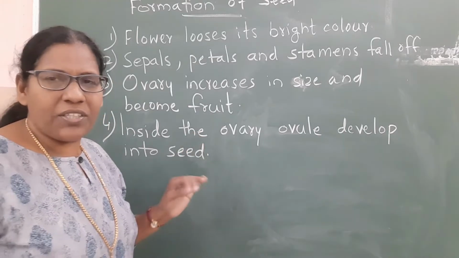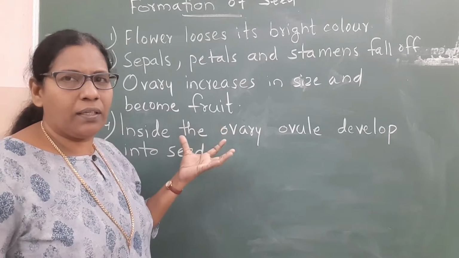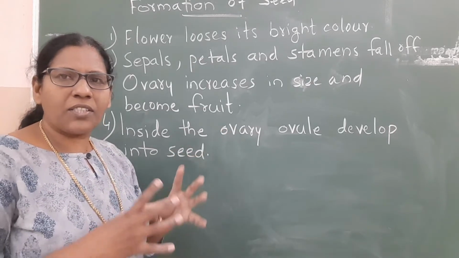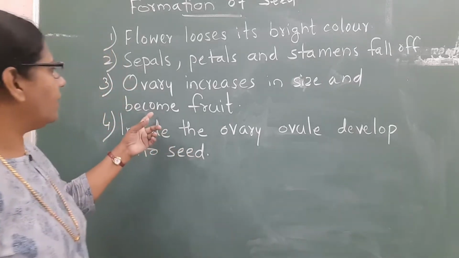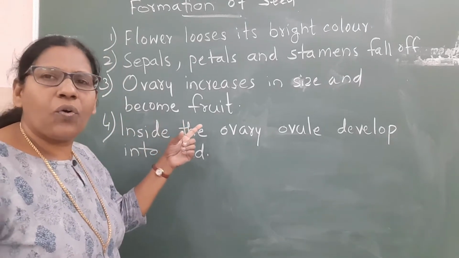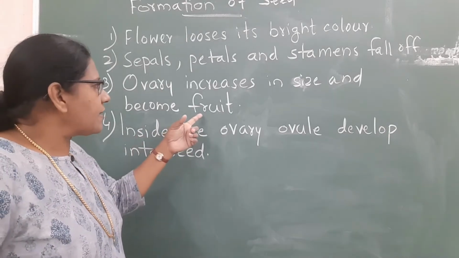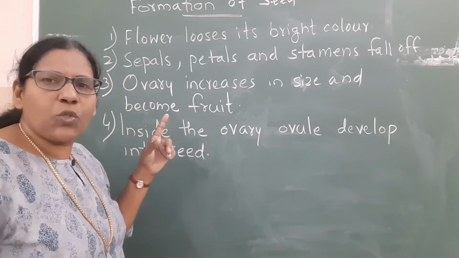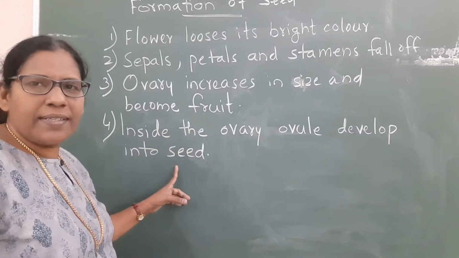After the fertilization, the ovary starts growing and becomes big, and then it turns to fruit. Inside the ovary there is an ovule, and that ovule develops into a seed.